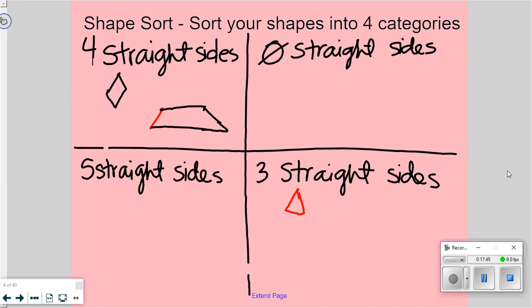This one didn't belong in the category. Does it have 5 straight sides? No. Then it doesn't go in that category. Did any shape go in the 5 straight sides? No. Are you sure? Yeah. I know of a shape that definitely should go in the 5 straight sides category.